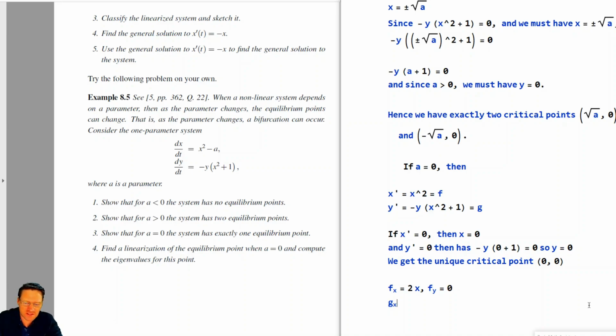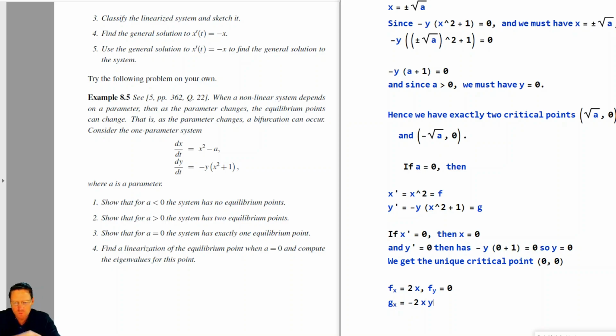The partial derivative of g with respect to x. Okay, so for this one, you might expand it first. You're differentiating minus x squared y minus y. So that is minus 2xy, and then the derivative of minus y is 0 with respect to x.